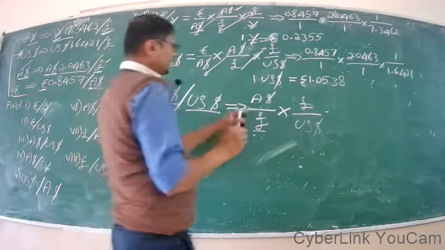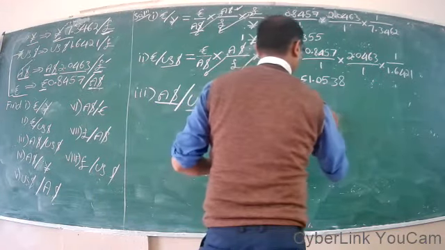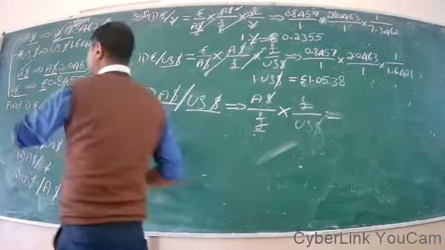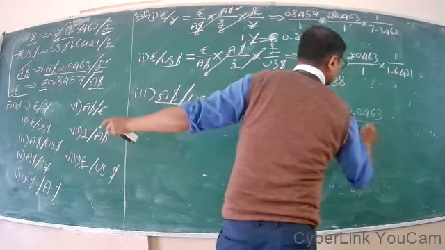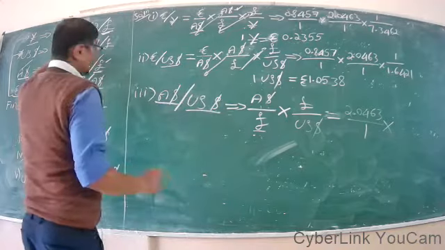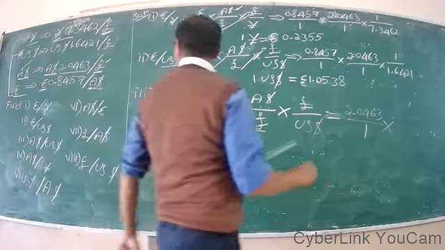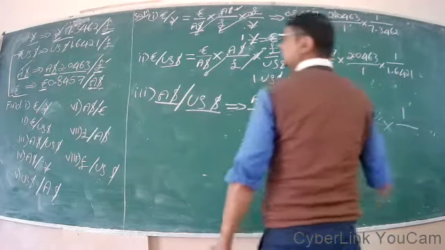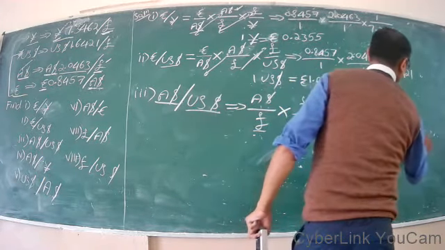So Australian dollar per sterling pound is given, 2.0463. And US dollar per sterling pound is given, but we need sterling pound per US dollar. That means 1 divided by 1.6421.